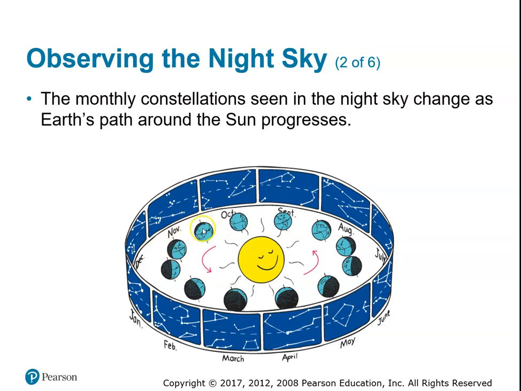So if 2,000 years ago, let's say the Earth was over here and the sun was clearly in the constellation Scorpio, that's actually shifted because of this wobble. The wobble is called precession, by the way, if you were interested. Another thing, these are the 12 constellations, the traditional 12 constellations of the zodiac.